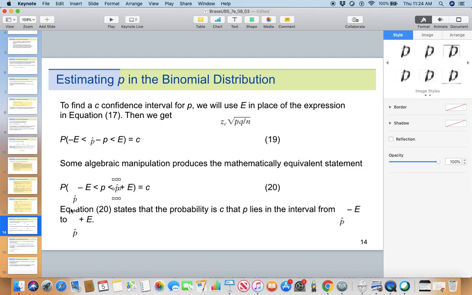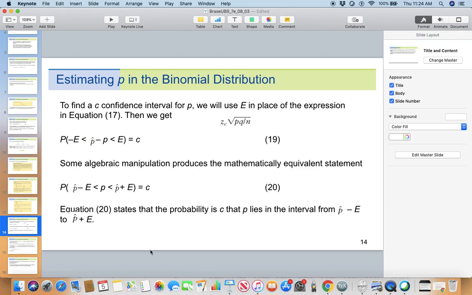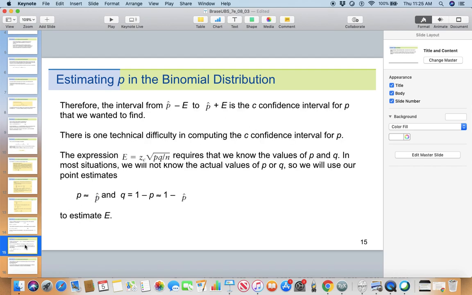P hat lives here, and P hat lives here. Equation 20 states that the probability is C that P lies in the interval from here to here, where E is this. So the interval P hat minus E to P hat plus E is the C confidence interval for P.